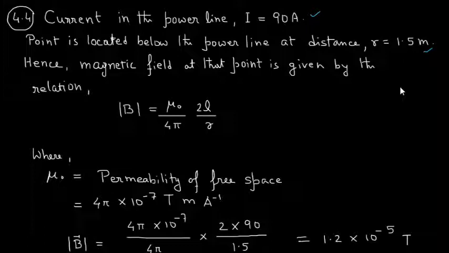Hence, magnetic field at that point is given by the relation |B| is equal to μ0/4π × 2I/r, where μ0 is the permeability of free space. Its value is 4π × 10^-7 T m A^-1.